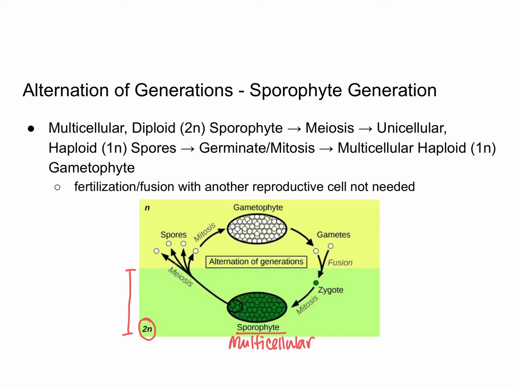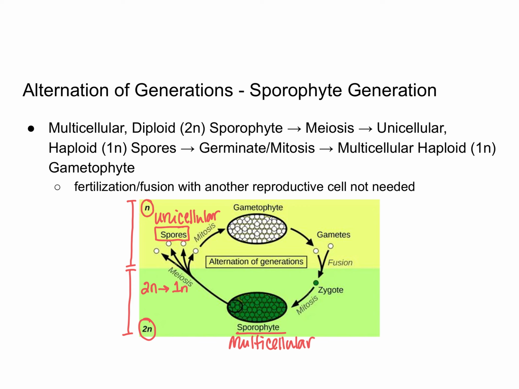The cells in the sporophyte can go through meiosis. And remember that during meiosis, the ploidy of the cells changes. So the diploid cells are going to go through meiosis to produce haploid cells. And those haploid cells are going to be known as spores. And these spores are unicellular. And as you can see, this entire yellow area here is showing you the haploid structures.